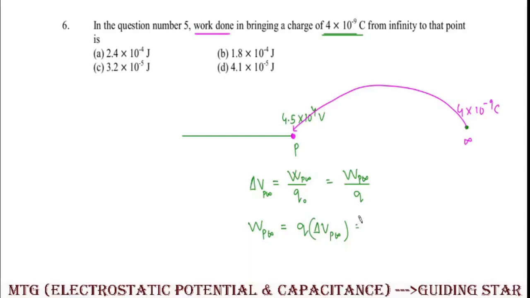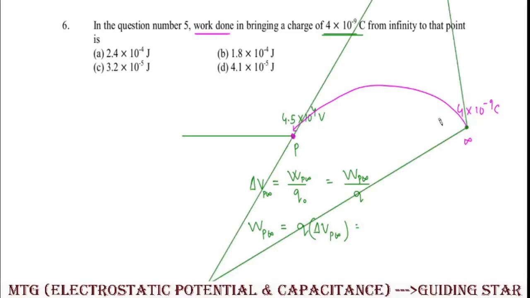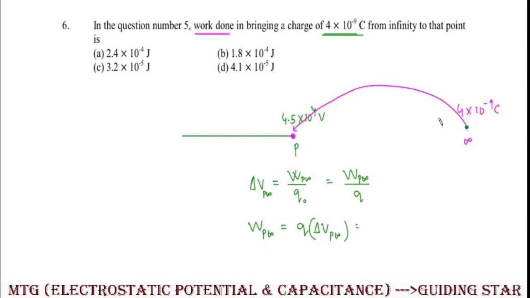Here in this particular case, we have to keep in mind the initial location and the final location. Initially the charge was at infinity, and finally after some time it will reach point P. That means the potential difference will be Vp minus V infinity. But the potential at infinity due to the given charge, which we were taking earlier, will be 0. That means it should be simply Q into potential at P.